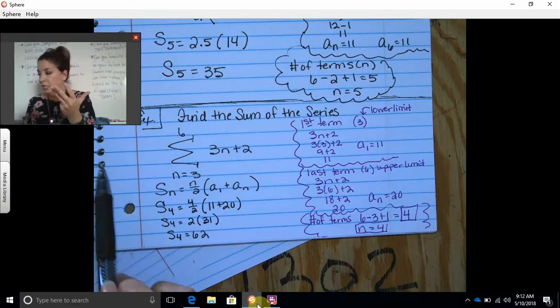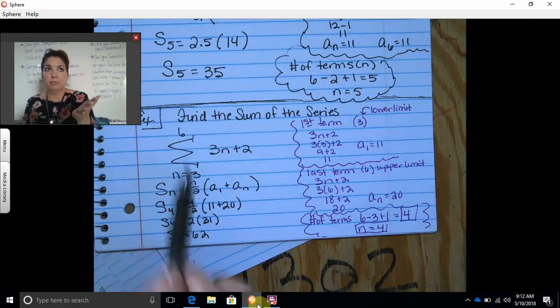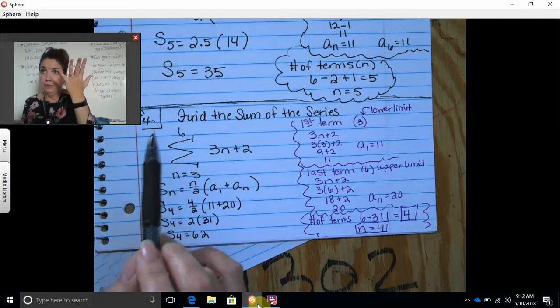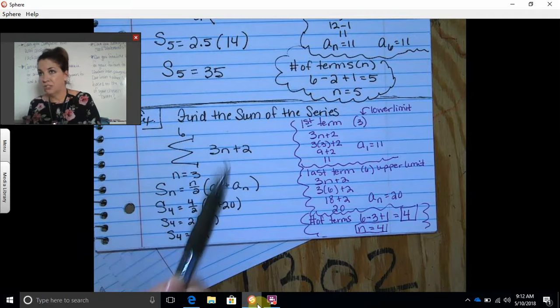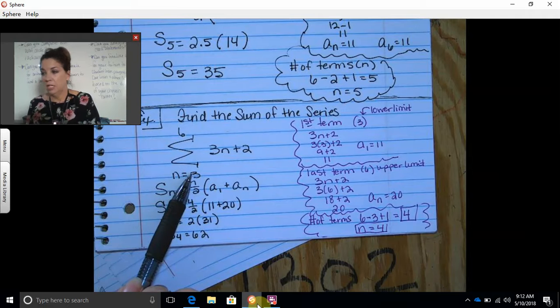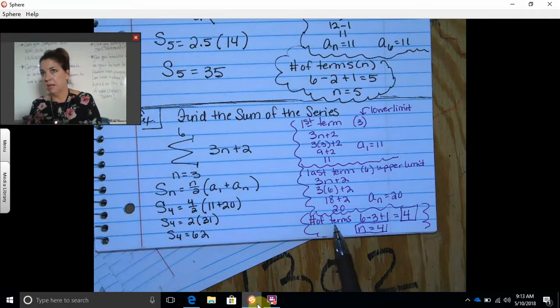But say you're going from the 3rd term through the 80th term, you don't want to count on your fingers. So the easy way to do it, take your upper limit minus your lower limit and add 1. So that's what I did down here on the bottom. Upper limit 6 minus lower limit 3 and add 1.